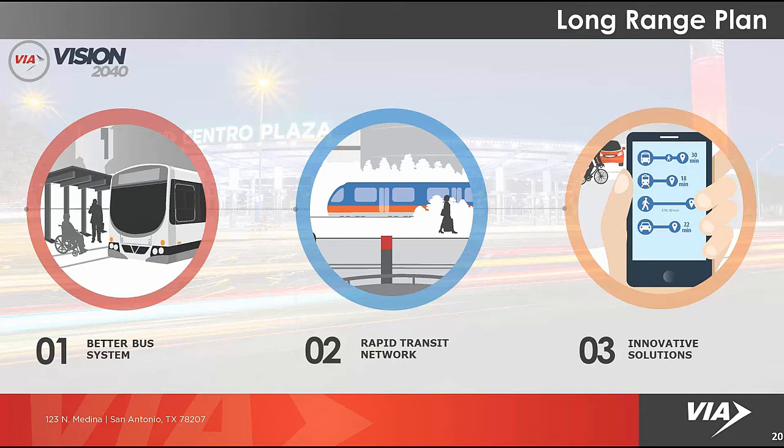And then the third element is all about creating a seamless transportation system, integrating with our partners' initiatives, transit-supportive land uses, but then also the car sharing, bike sharing, multimodal trip planning apps, kind of looking at the transportation system as a whole seamless system and not just one provider providing connections to another mode of transit.